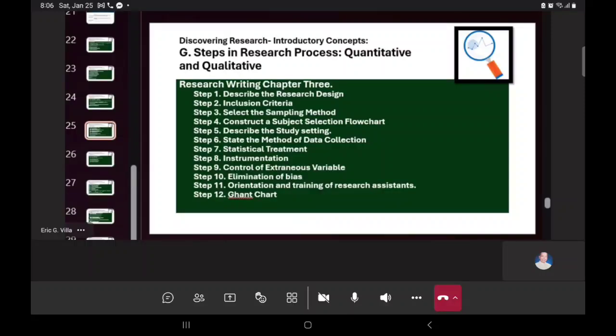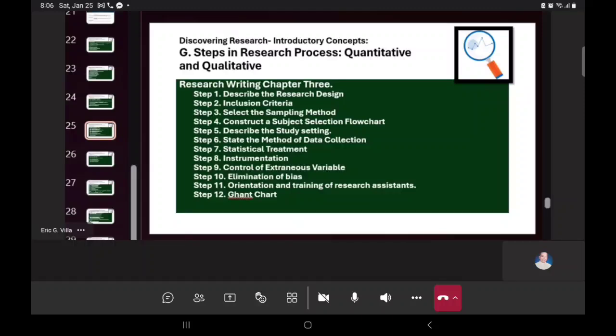Now, what are the research methodology steps in Chapter 3? Steps 1 to 4 are about research design foundation. The methodology begins with a comprehensive research design description, establishing the study's structural framework.